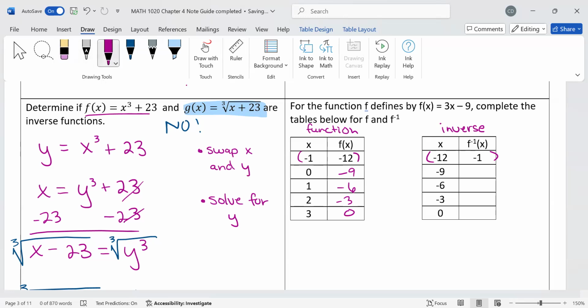I mean, you could plug in 0, get your x, and then find the inverse, and then plug this stuff in. But it's easier just to flip everything. So 0, 1, 2, and 3. So again, if you look at them as ordered pairs, we have 0, -9, and for the inverse, -9, 0.